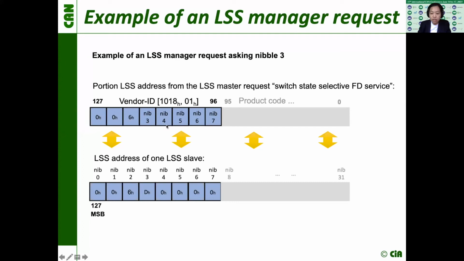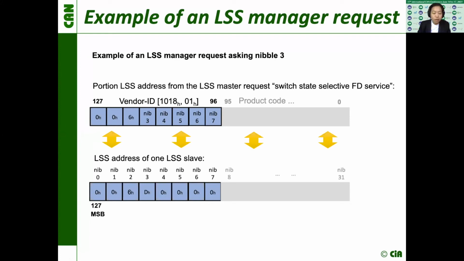In the LS manager request message, the value of the parameter nibble number equals 3, and the higher bytes of the portion LS address equal 6006 in hexadecimal.